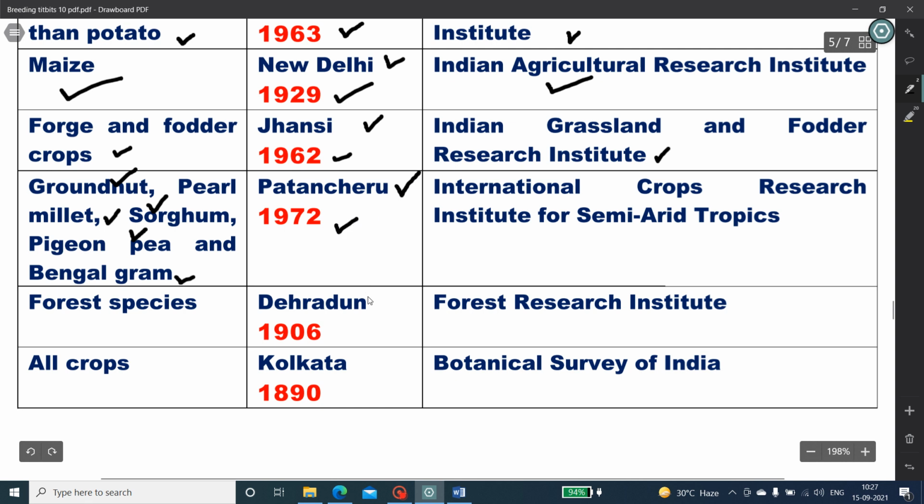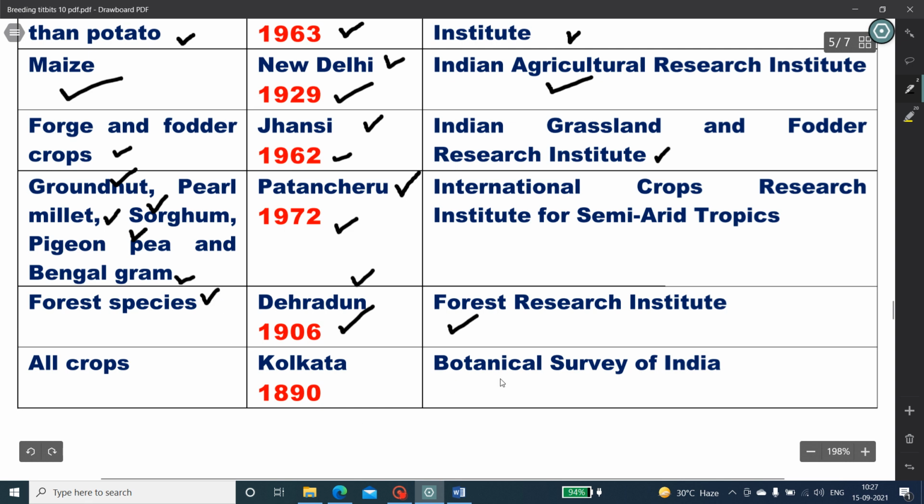Even though it is an international institute, since it is located in India, I have included it among the Indian institutes. And the Forest Research Institute, established in 1906 at Dehradun, is maintaining all germplasm of forest species.